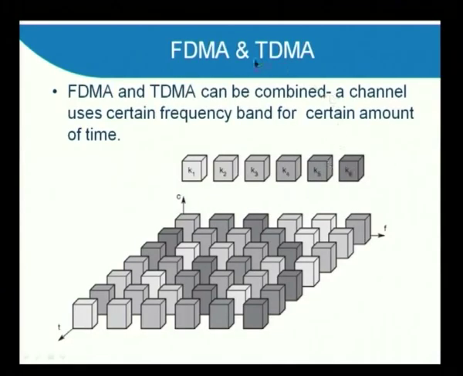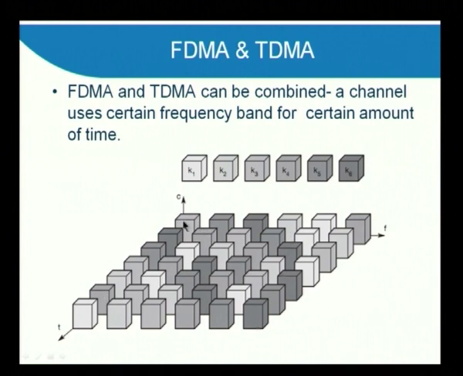We remember that the GSM network uses frequency division multiple access as well as time division multiple access combined. This diagram explains how frequency division multiple access and TDMA are mixed. Here, K1 to K6 are the channels as usual, and this is the frequency line and this is the timeline. Now, in the diagram, both the frequency band as well as the timeline are sliced.